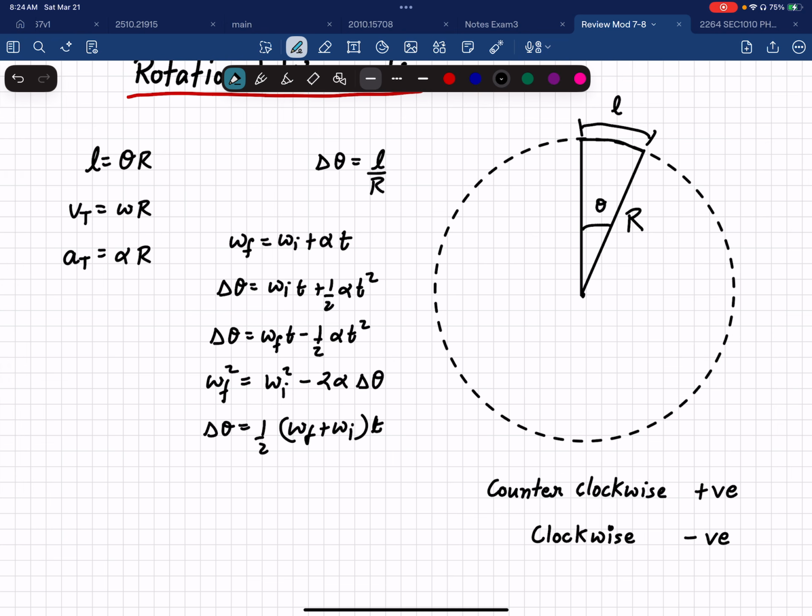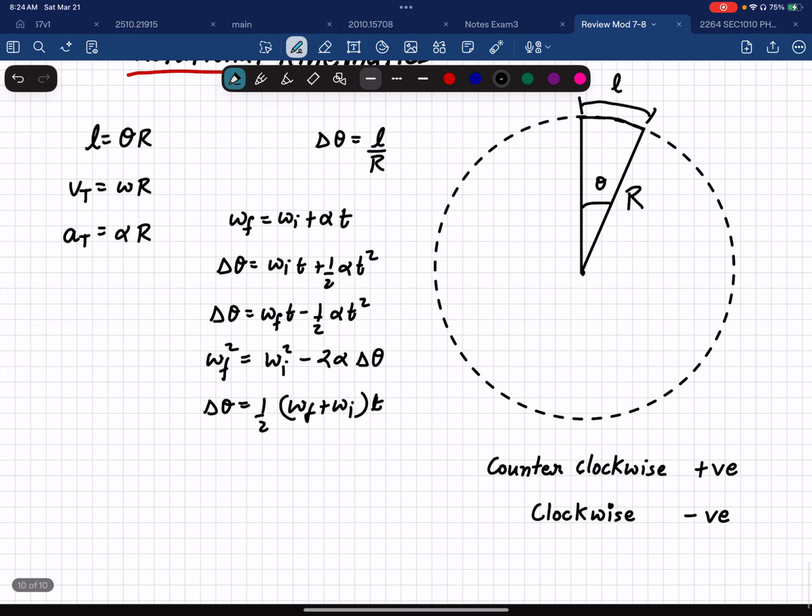Okay. And the final one is that your linear accelerations will now have two parts.